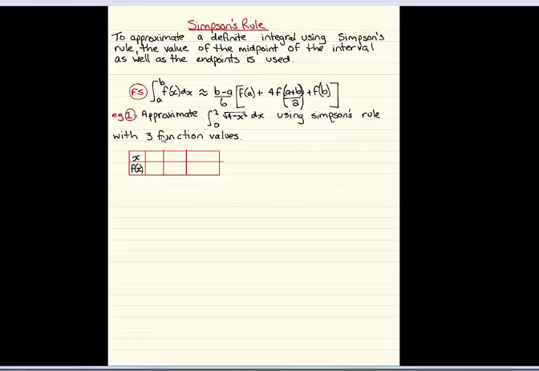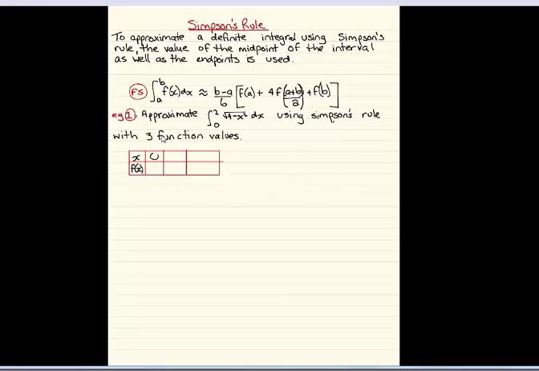Anyway, so if we are asked to approximate this function, so we've got the square root of 4 minus x squared from 0 to 2 using Simpson's rule with 3 function values. So 3 function values means we have 1 parabola. All right, just like trapezoidal rule, draw yourself a table. All right, so what are the 3 values of x?